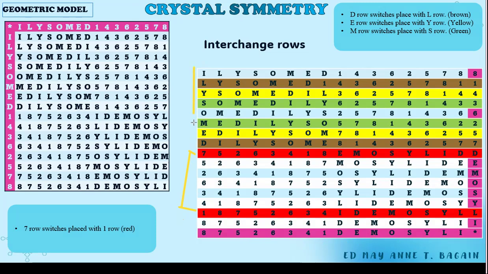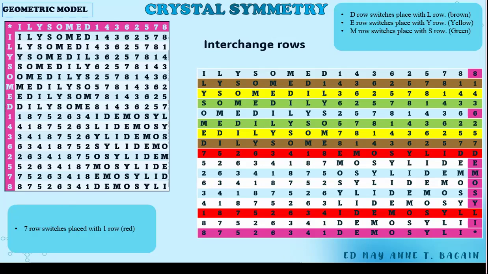Now that we have the perfect structure for these, we have ILYSOMED, and then we will be arranging the number part, the back part, so that it will be the same as our original table. So we'll be interchanging the 7 row with the 1 row, which is the red one.